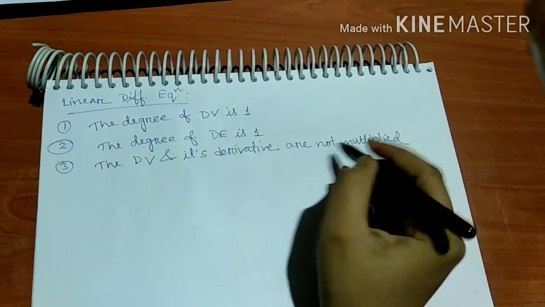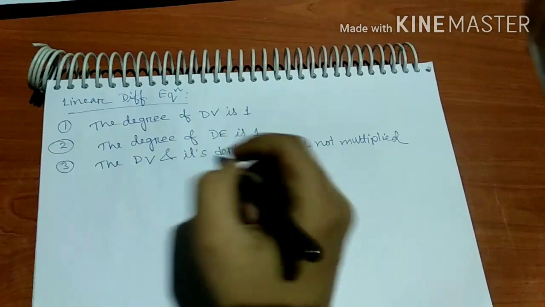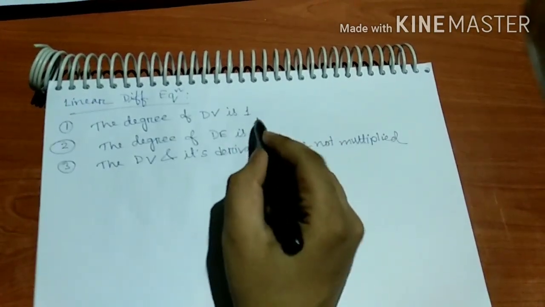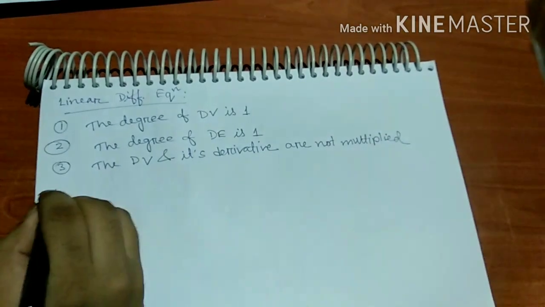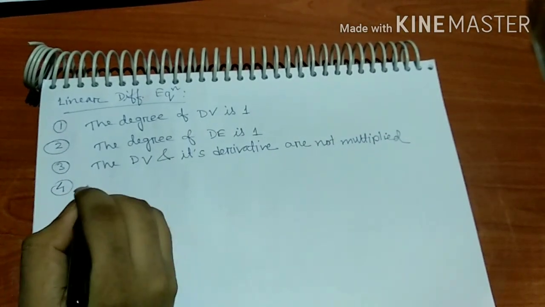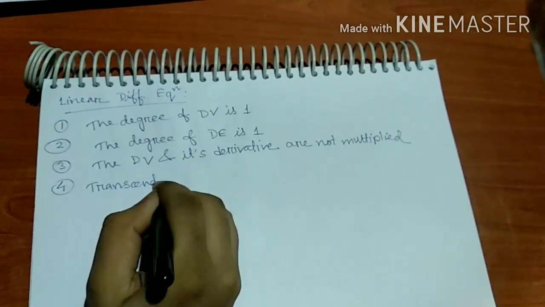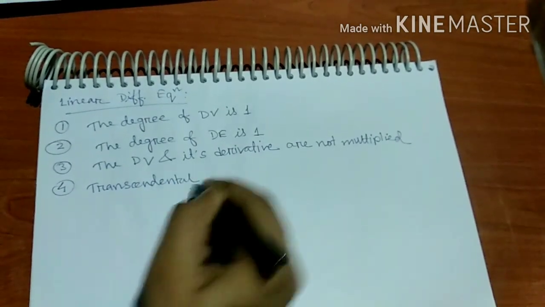I hope you are writing along with me, because this condition will be used in my next example, so better you write along with me. Condition number 4: the transcendental function.